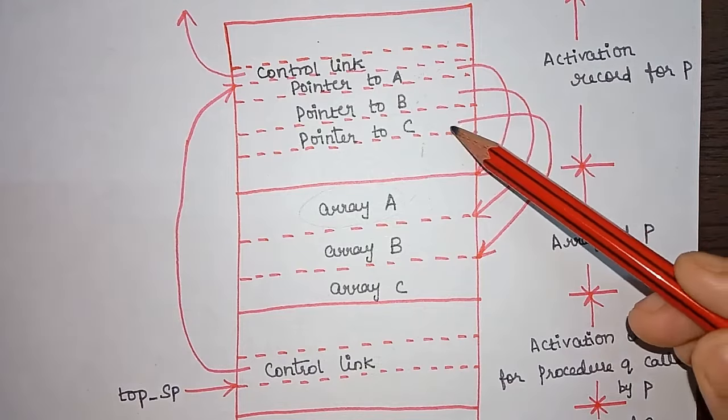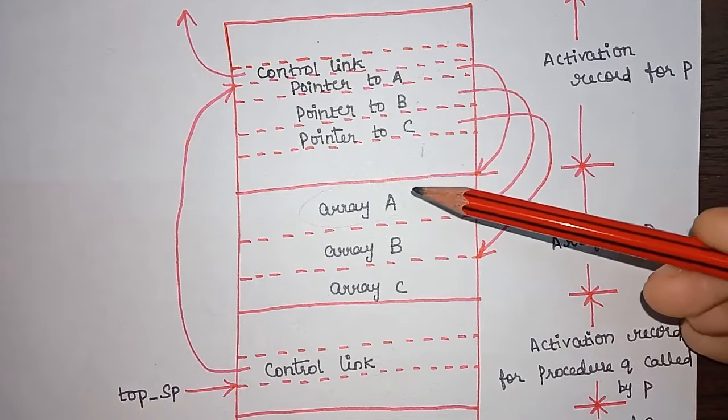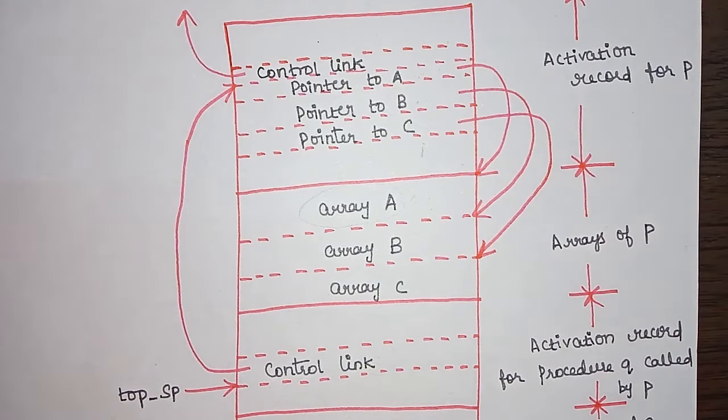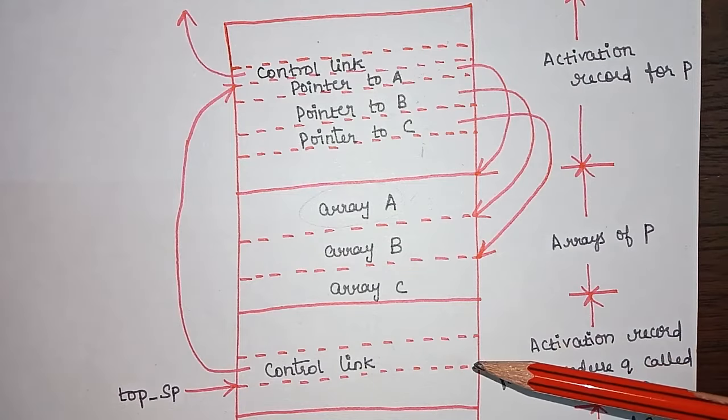This procedure P is calling a procedure Q. So we have another procedure Q, and that procedure Q is called by the procedure P. When procedure Q is called, the activation record is generated for Q, and that activation record will be stored inside the stack.